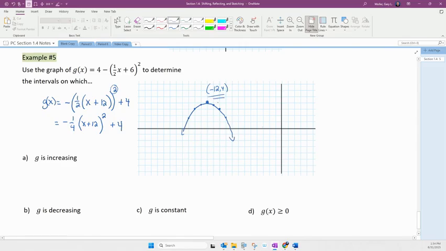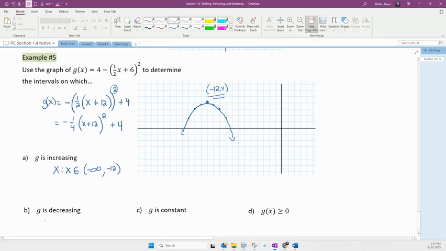Vertex is here. So where is it increasing? It is increasing on the x values that are in the region negative infinity all the way to negative 12.